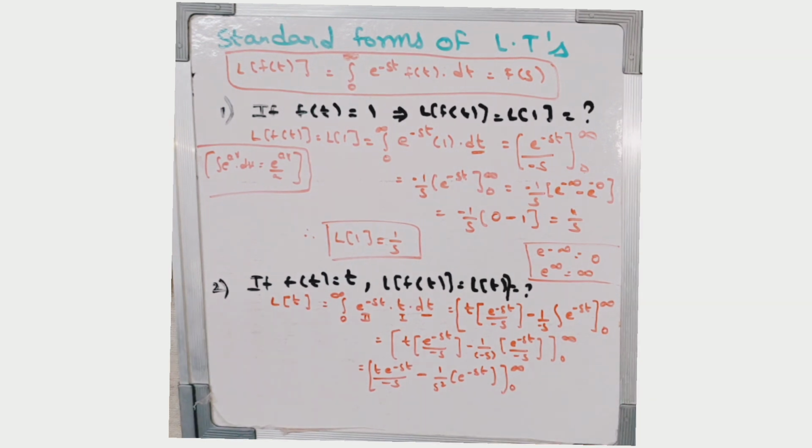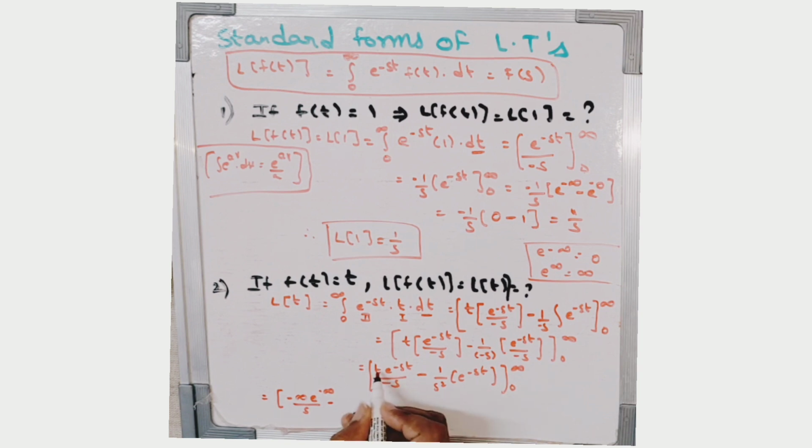Now what you have to do, just substitute the upper limit and lower limit in place of t, right? That is, first substituting the upper limit, that is infinity in place of t into e power minus infinity divided by minus s, minus, substitute the lower limit for this first term, that is 0.